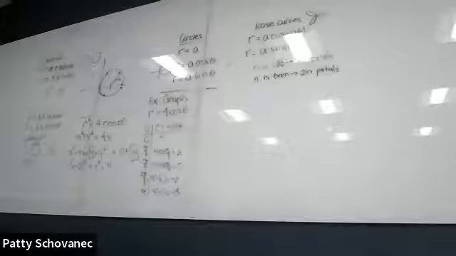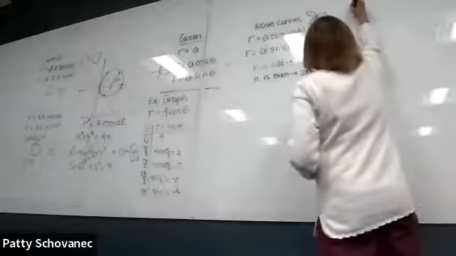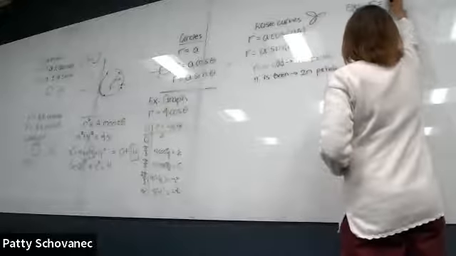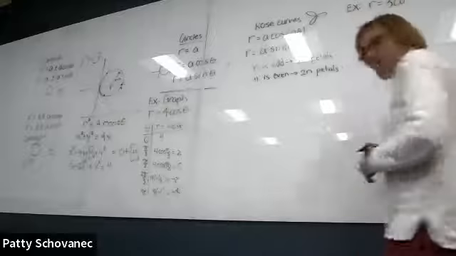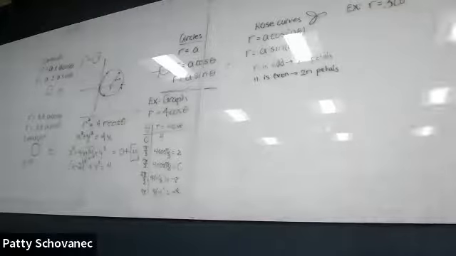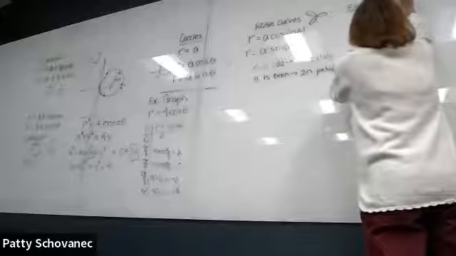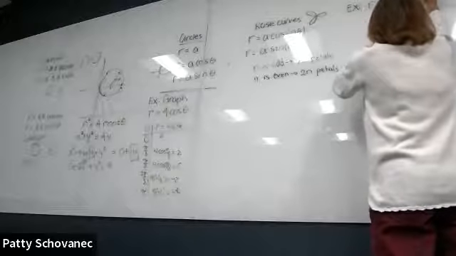So let's graph r is equal to cosine of 3 theta. I'm sorry, cosine of 3 theta, not 3 times cosine of theta. 3 cosine theta is a circle. Cosine of 3 theta is a rose curve.